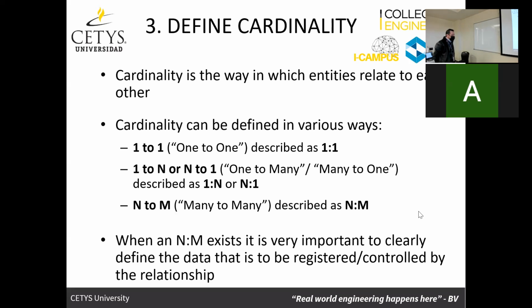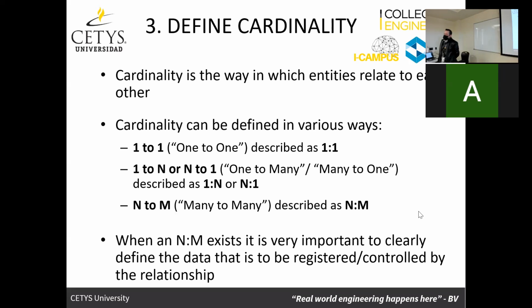And that means that one entity can have many of the other entity, but the other entity can only have one of the first one, okay? That's how the one-to-many or many-to-one relationship works.